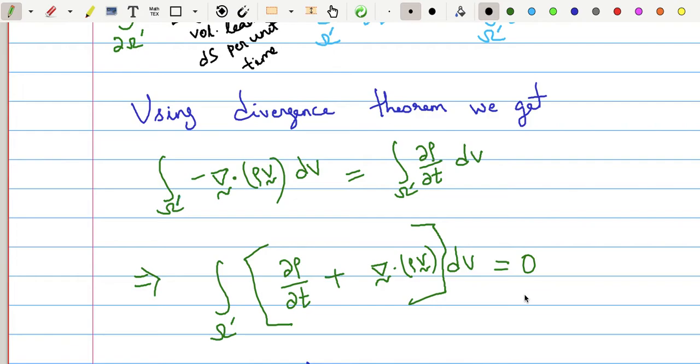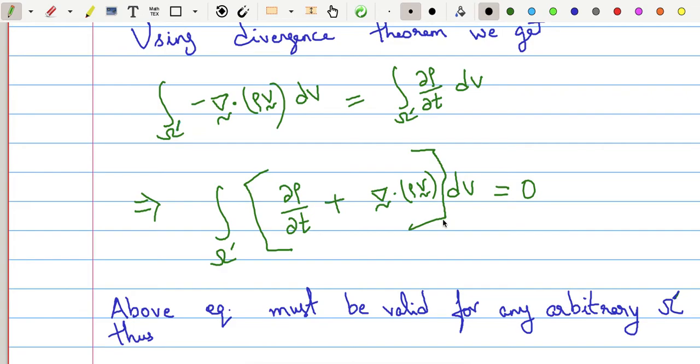If omega prime is infinitesimally small, the integral will simply be whatever is in the square bracket multiplied by dV. When the volume is very small, you can take the function to be constant within that volume.